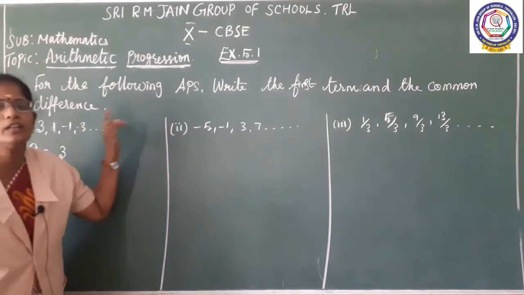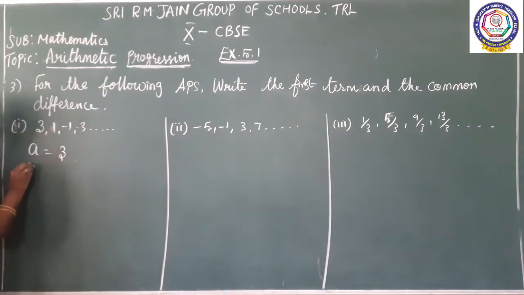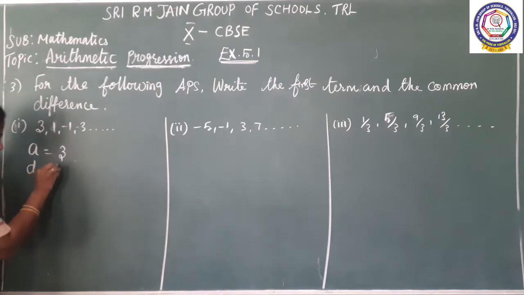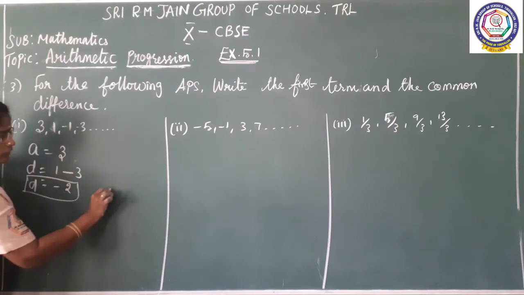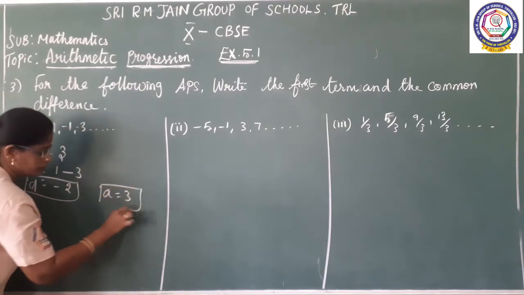So what is the common difference? That is d. How can you find the common difference? We know that it is the second term minus the first term. What is the second term here? 1 minus, what is the first term here? 3. So 1 minus 3 equal to minus 2. Therefore the common difference is minus 2. Then the first term is 3.